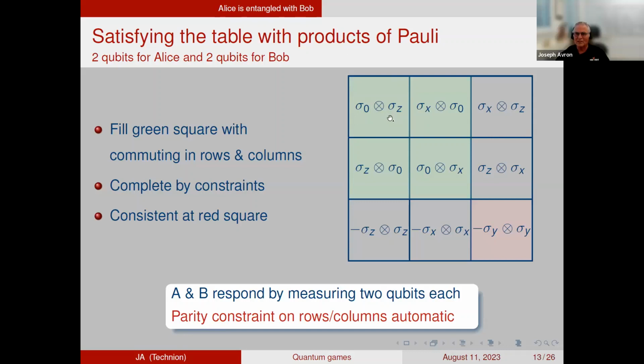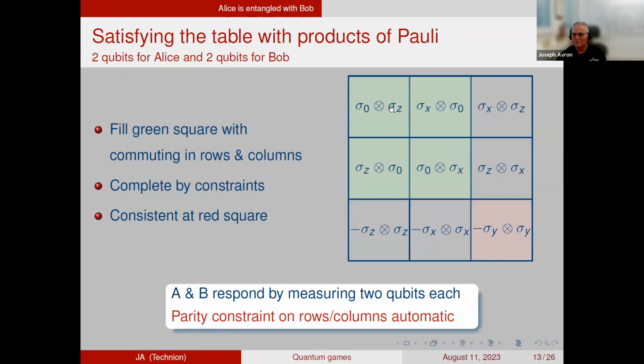That's correct. But you could also think of it like this: the fact that I have two Pauli matrices means that Alice and Bob can make two measurements on 2 qubits. So if Alice has at her disposal 2 qubits, she can measure something on the first qubit and she can measure something else on the second qubit.